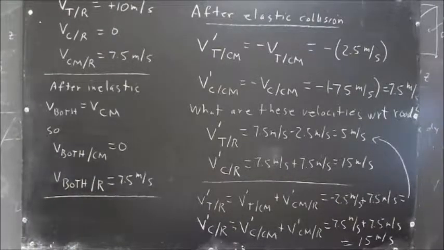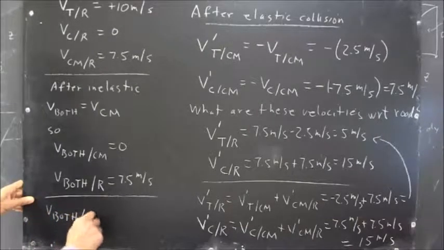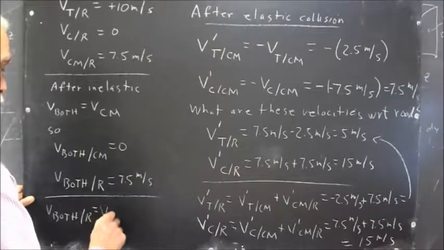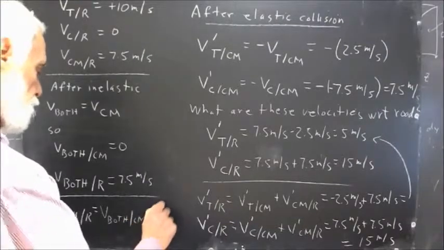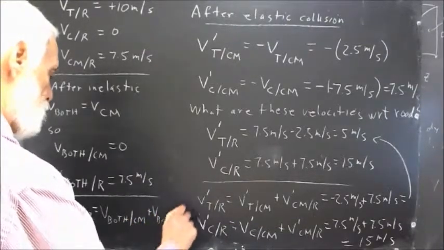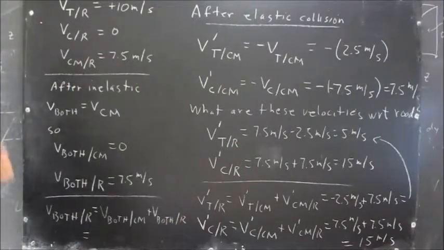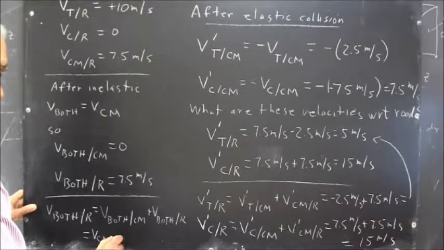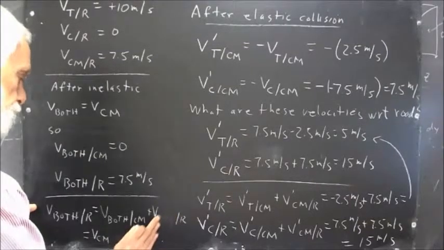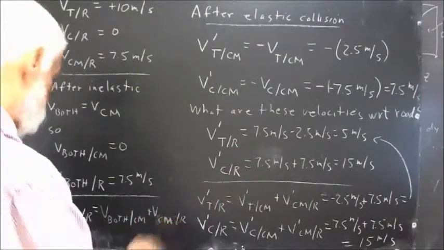And we could, of course, do that formally. V of both with respect to the road equals velocity of both with respect to the center mass plus the velocity of the center mass with respect to the road.